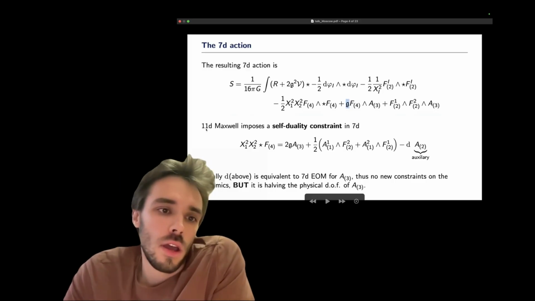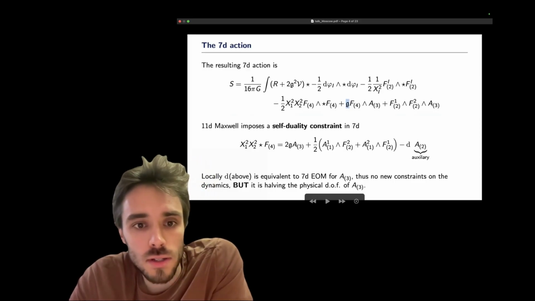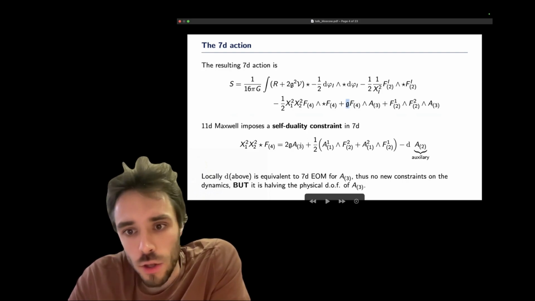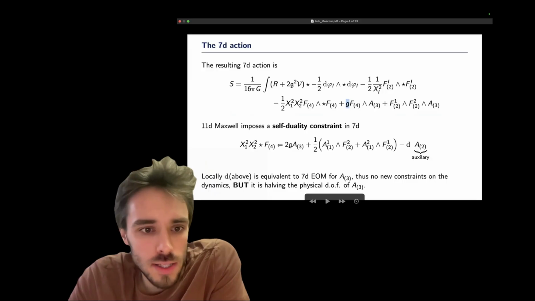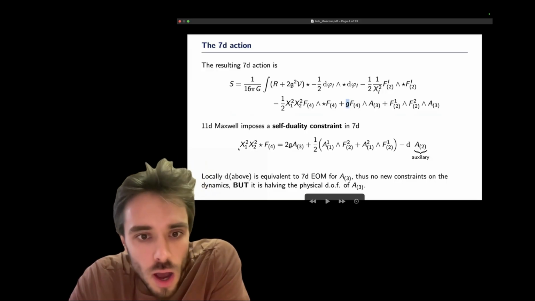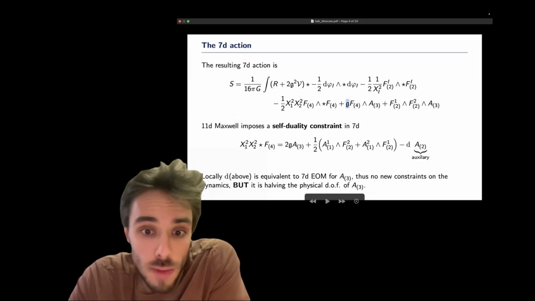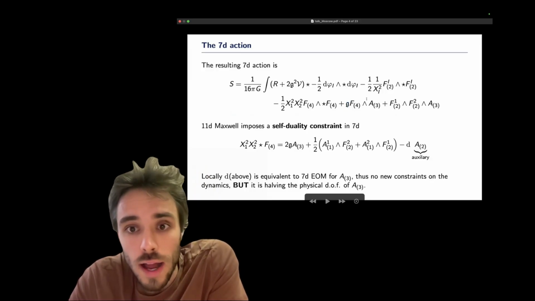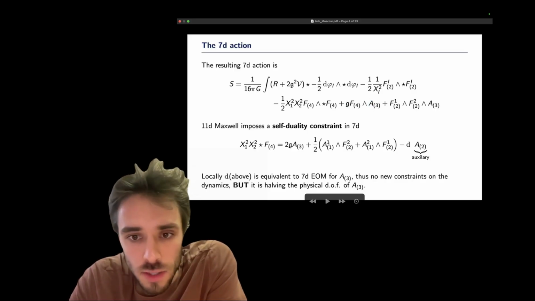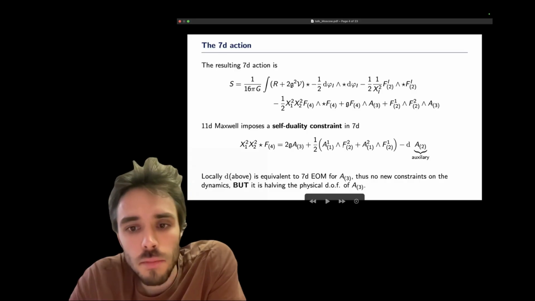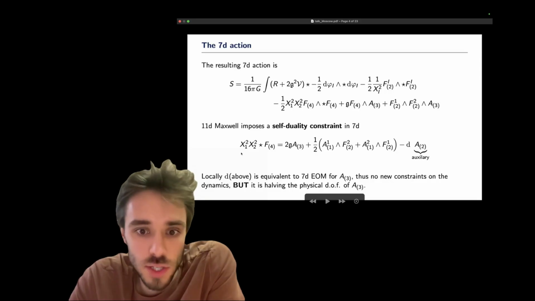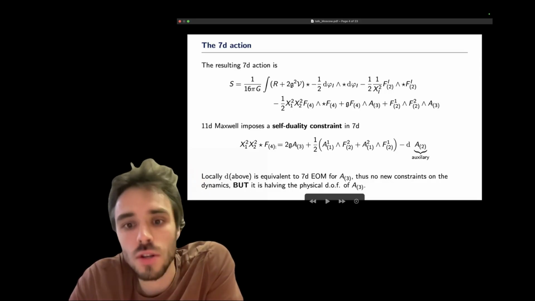Now, the 11D Maxwell equation imposes the following constraint in 7D. You look at this and you realize that if you hit it with a derivative, it turns into the 7D Maxwell equation that you would derive for this three-form. Its derivative is equivalent to the 7D equation of motion.